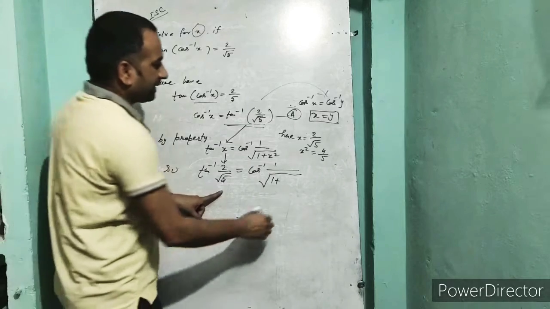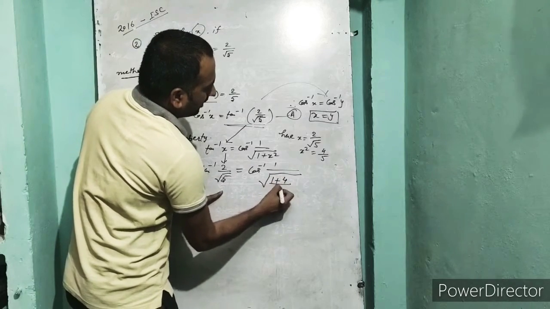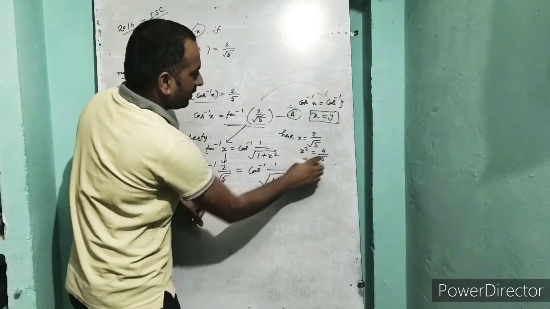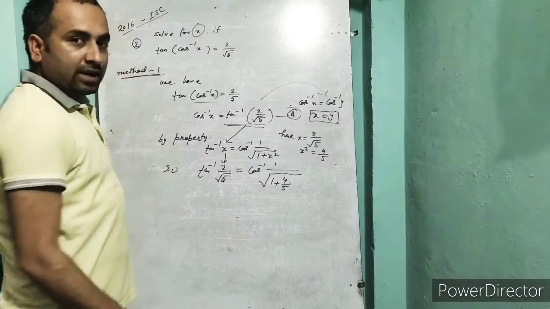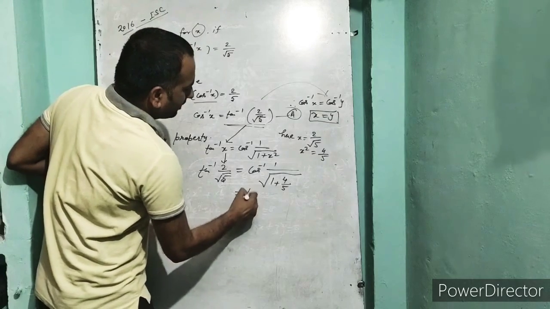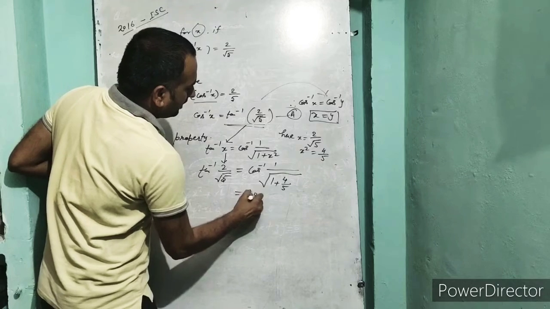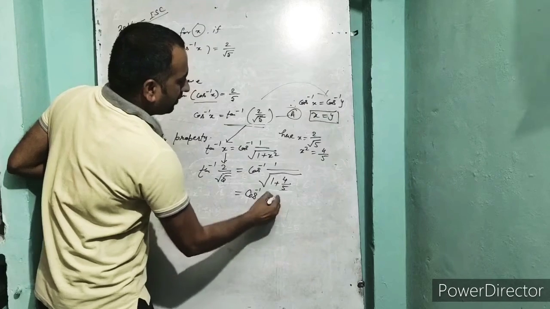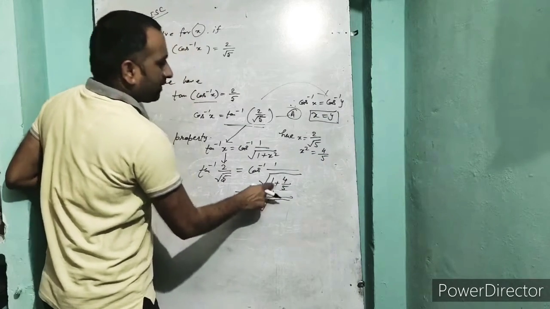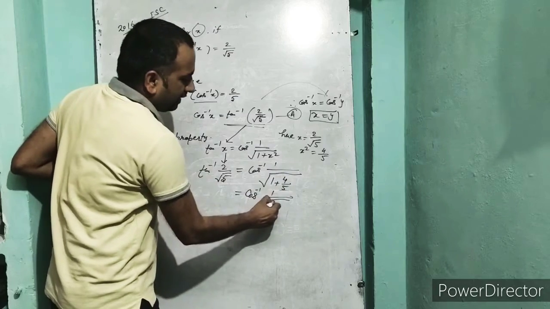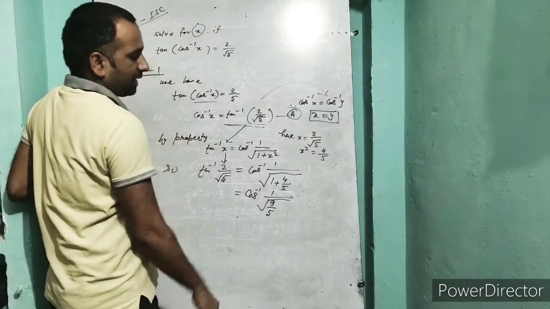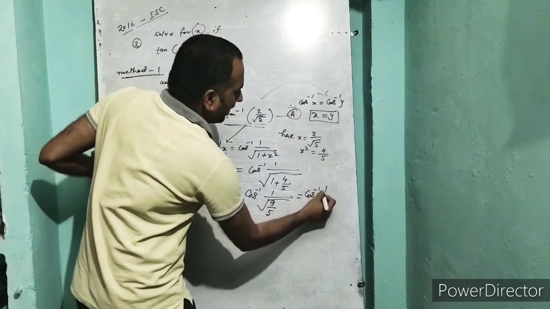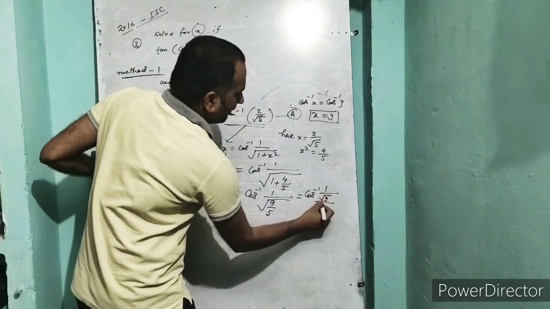Any issue? No. So it is cos inverse 1 upon under root of 1 plus 4 upon 5. Here 5 plus 4 is 9 upon 5, so we can write it as cos inverse 1 upon root 9 upon root 5.